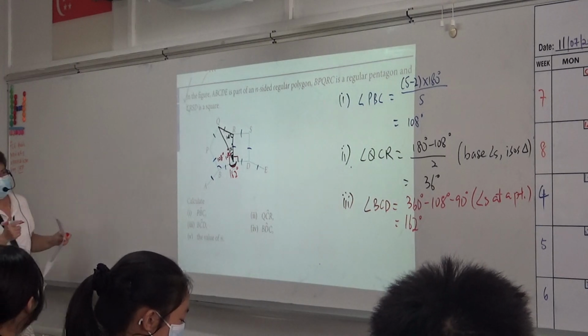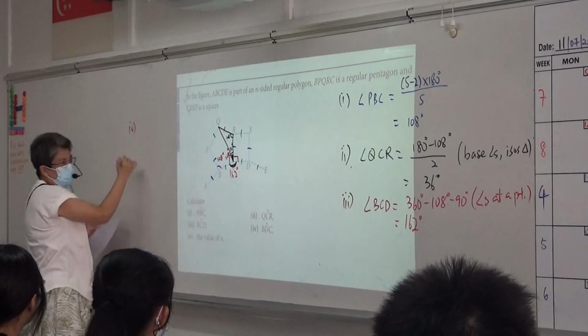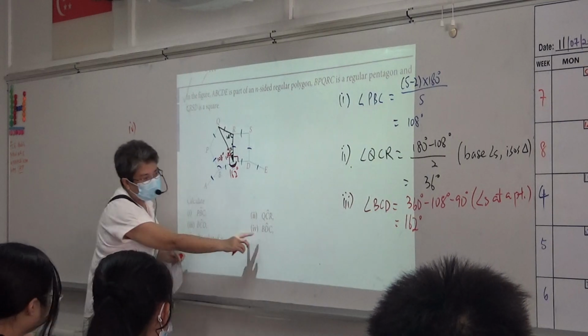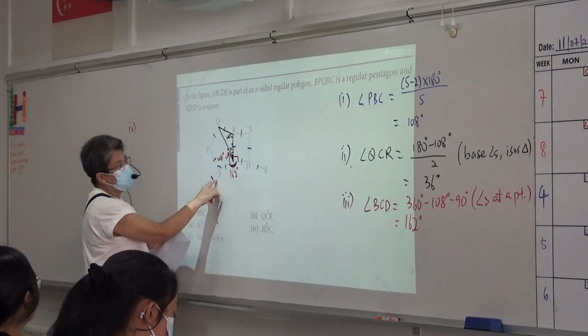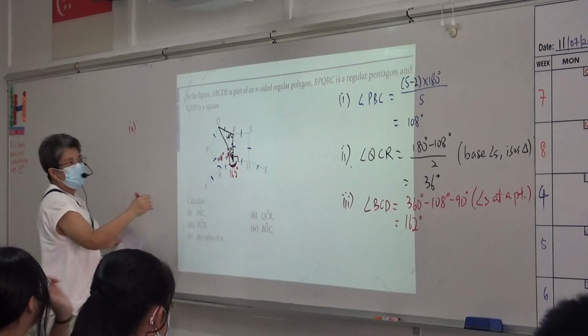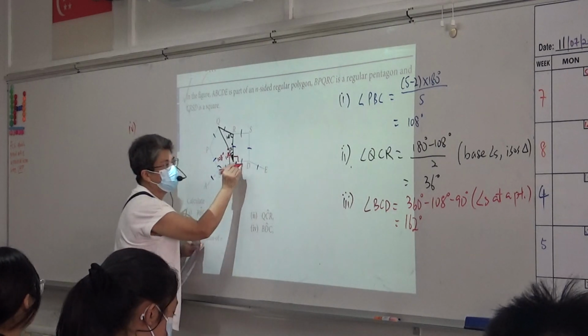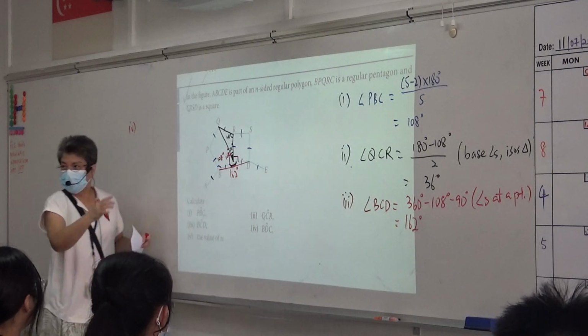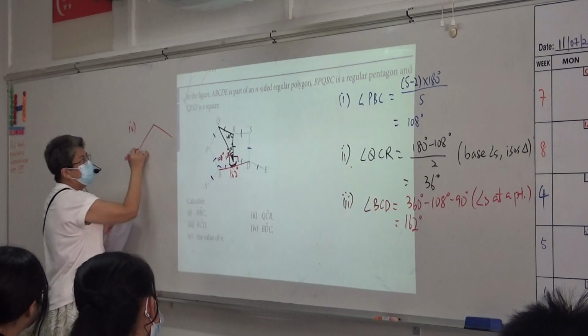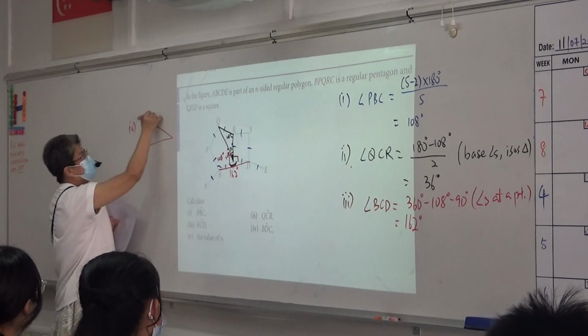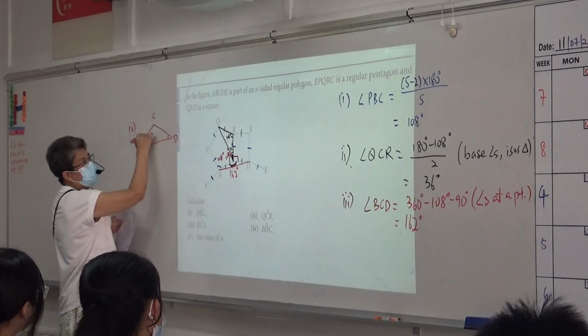Now next part. Part 4. Let us look at part 4. What did they ask for? Angle BDC. Now where's BDC? Can you see it's actually this small triangle? Can I enlarge it for you so that you can see? Actually it's something like that, right? BDC is this one. This is equal.